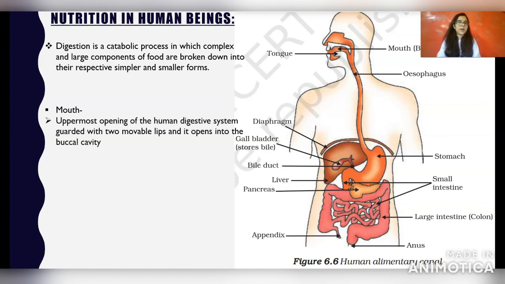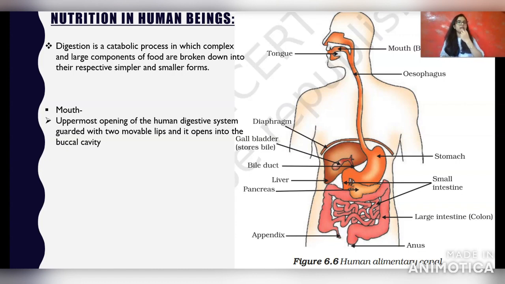Now, come back to nutrition in human beings. We all know that food is taken inside with the help of the mouth. The mouth is the uppermost opening of the human digestive system, guarded with two movable lips, and opens into the buccal cavity.